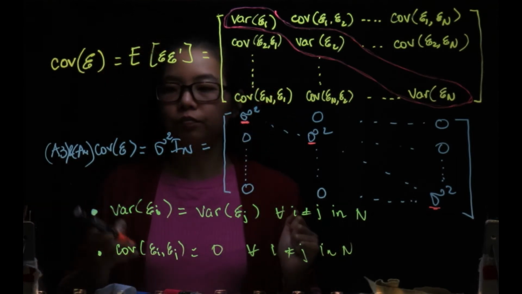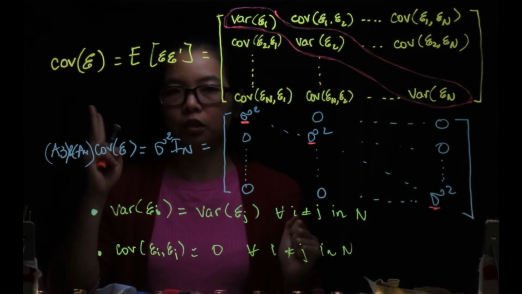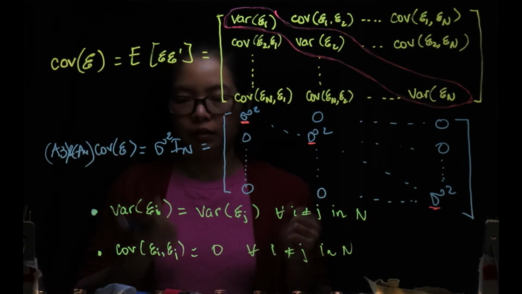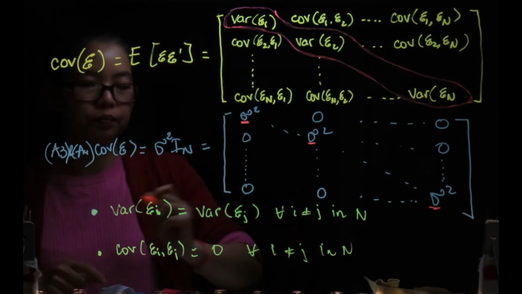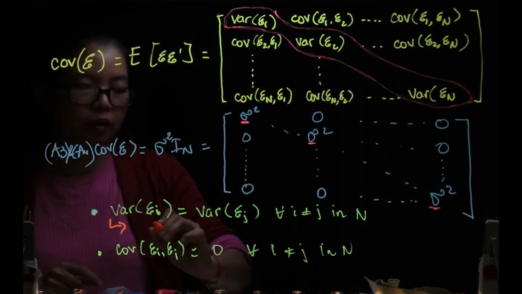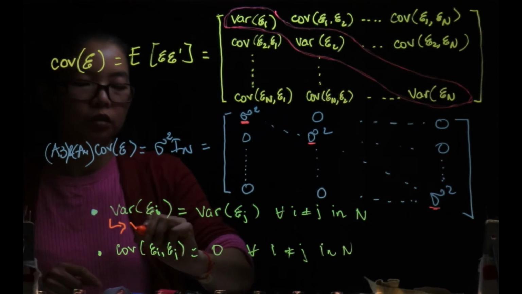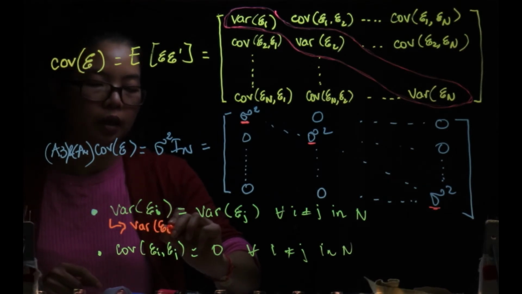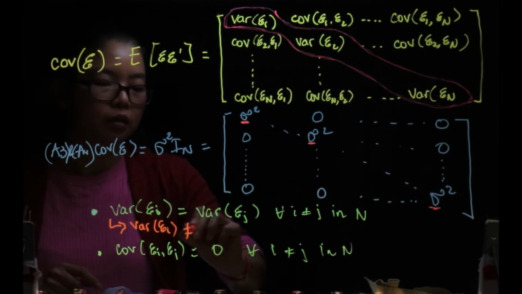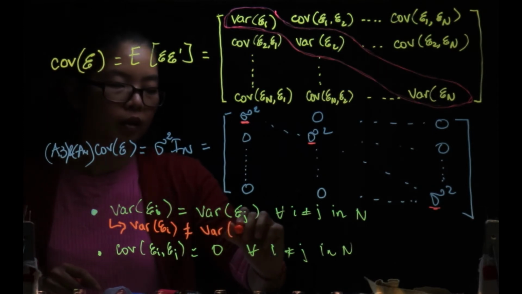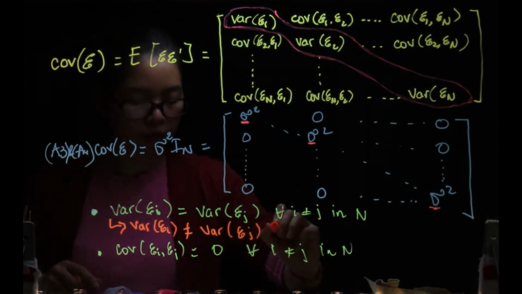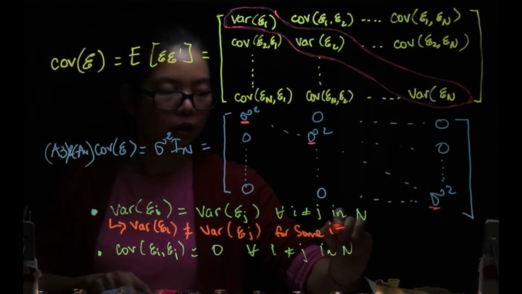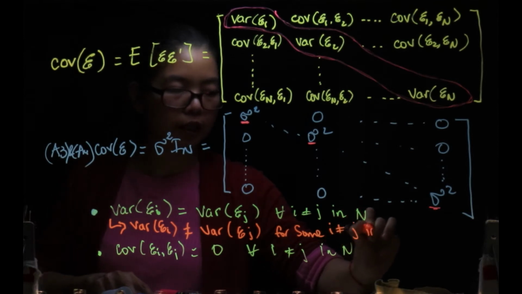So therefore, these are two assumptions, right? Because of that, it can be violated in two ways. The first way is the variance differs: the variance of epsilon i is different from the variance of epsilon j for some i different from j in n.